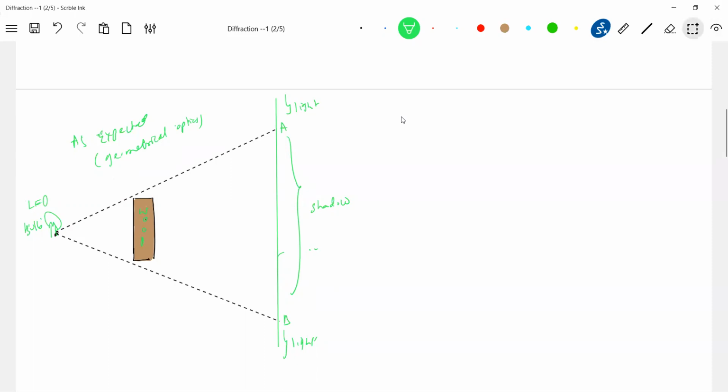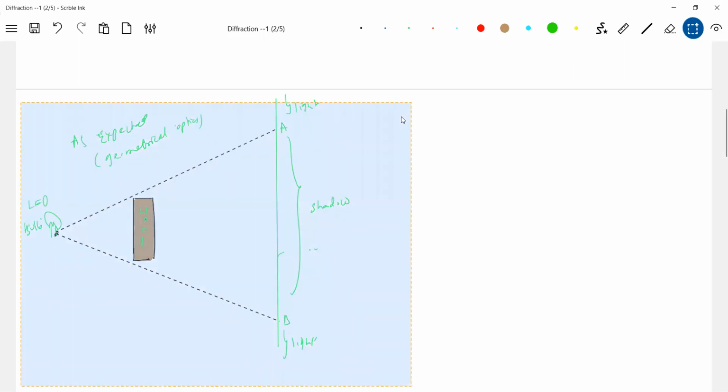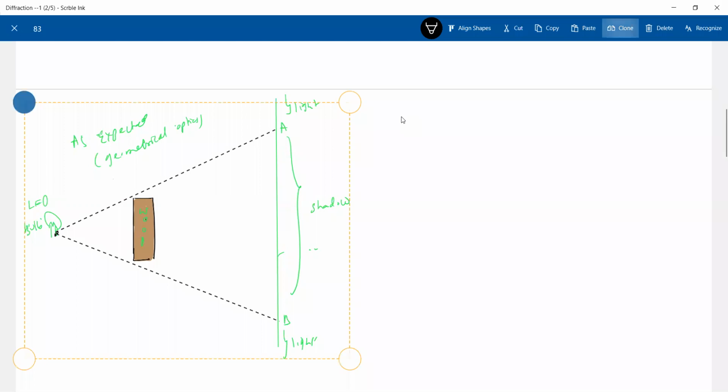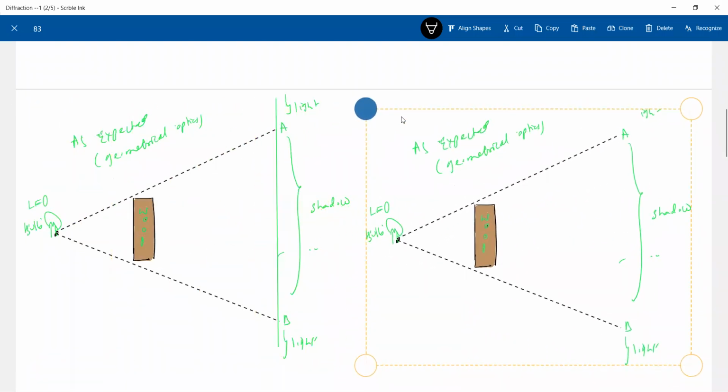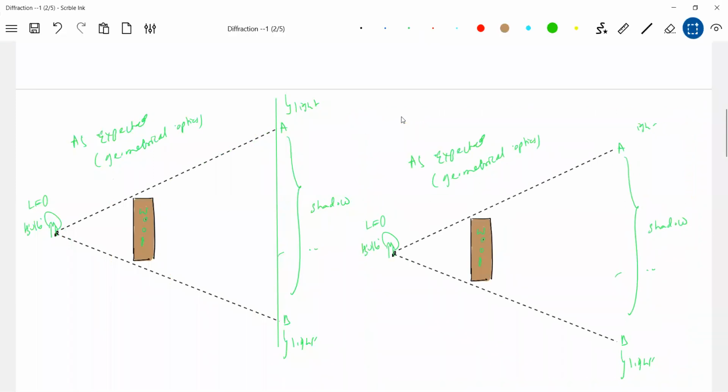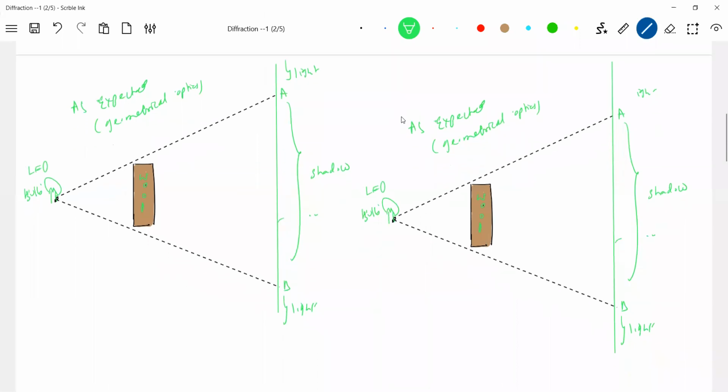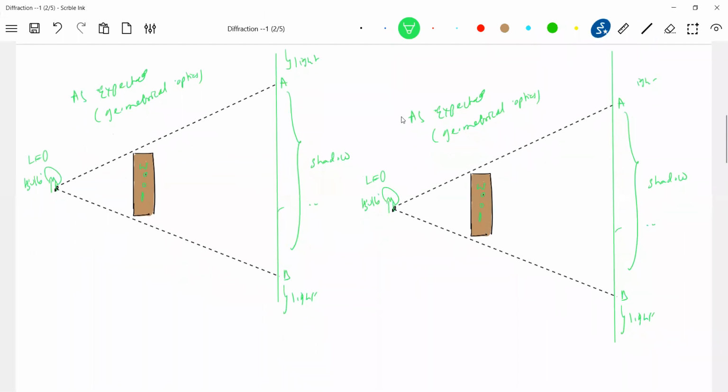There'll be encroachment of light taking place here. So we think like this, the light, what will happen?